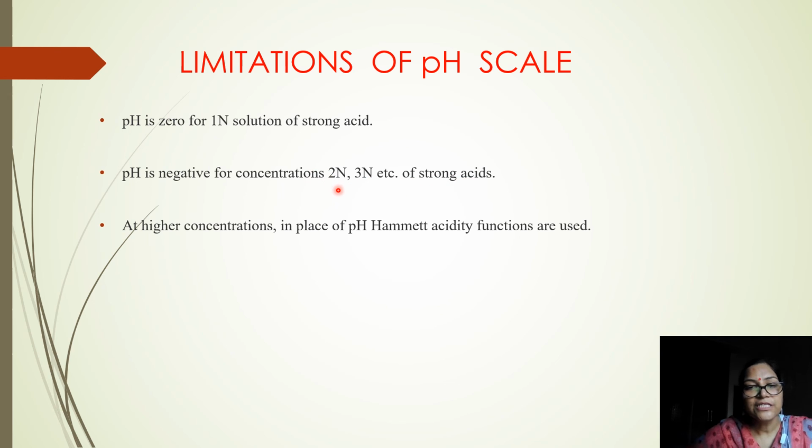It means pH equal to minus logarithm of hydronium ion concentration is not applicable for concentrated strong acids and concentrated strong bases. At higher concentrations, in place of pH, Hammett acidity functions are used.